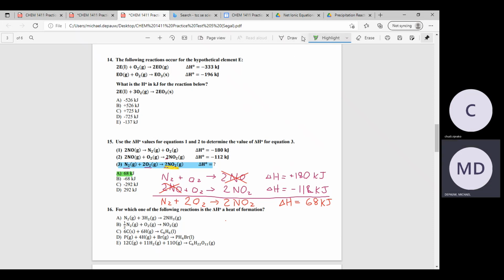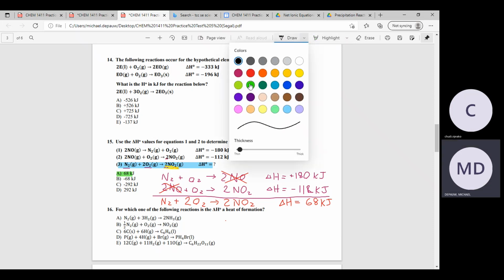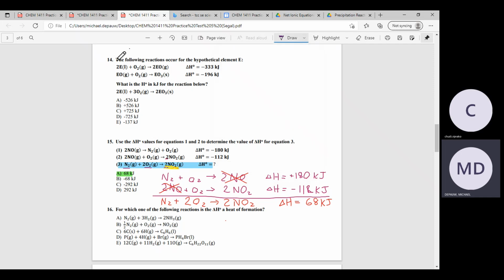So what I do is I try to make these two equations correspond so they'll add up to the overall equation. The easiest way to do that is to match the amount in the overall equation to what is given in the equation here. I do it one substance at a time.